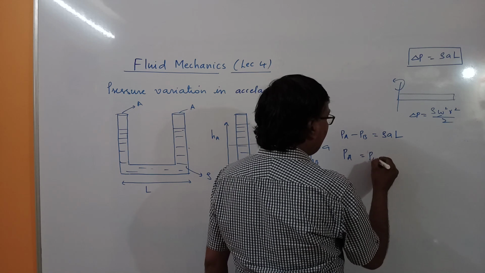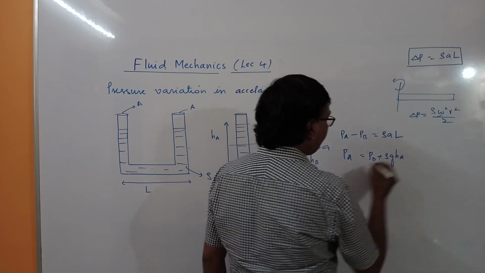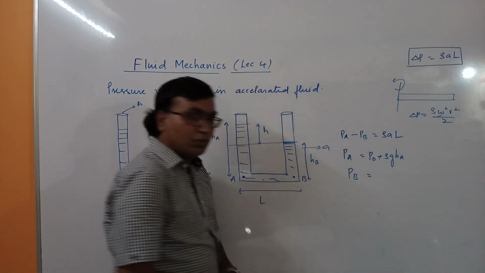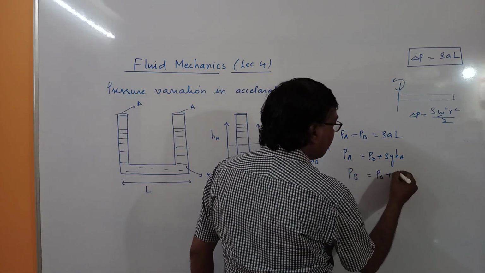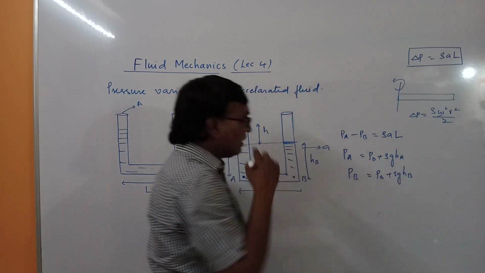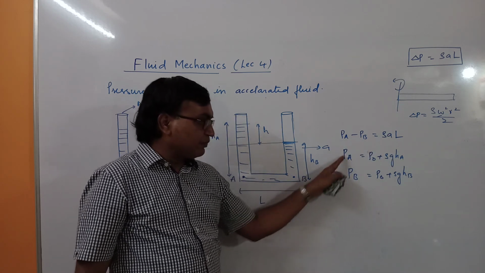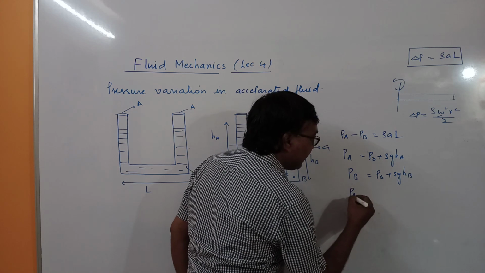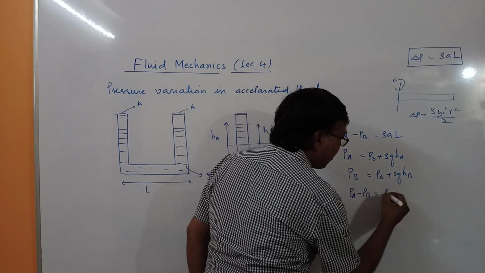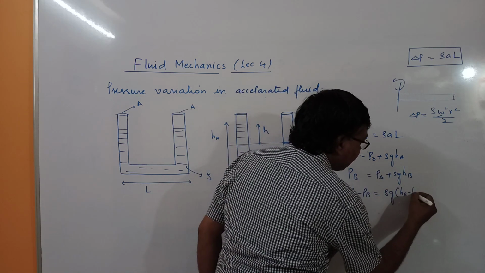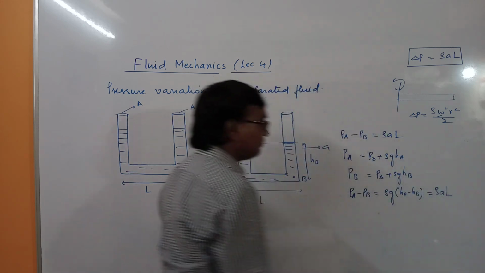So PA is equal to P naught plus rho g HA, and the pressure at B due to this column of fluid is P naught plus rho g HB. Now the difference in pressure, PA minus PB: P naught will cancel out, so we have rho g times (HA minus HB), which should be equal to rho A L.